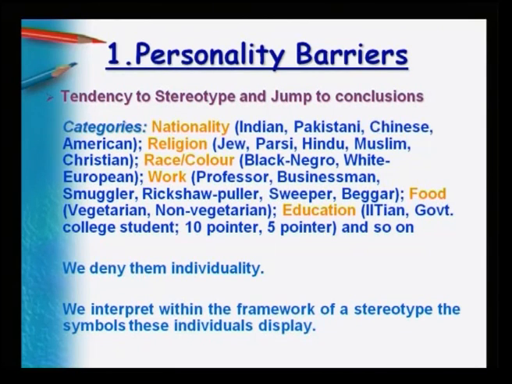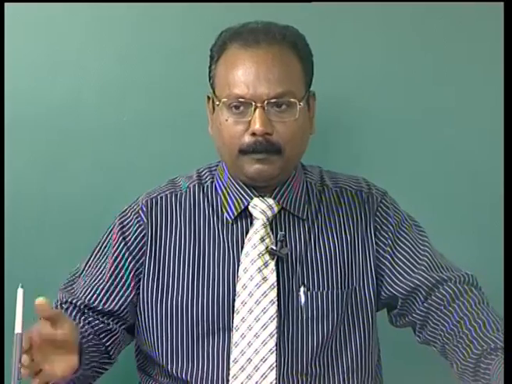In terms of work, for example, professor, businessman, smuggler, the way you look at a smuggler and the way you look at a professor, rickshaw puller, sweeper, beggar. Now, suppose in a corridor a sweeper as well as a professor were both walking by, and somebody left a mobile and the mobile was lost.